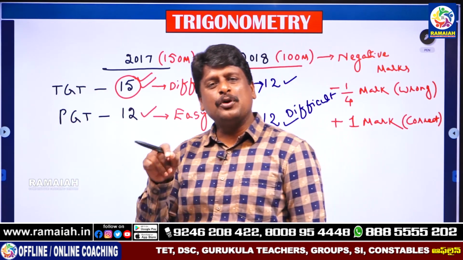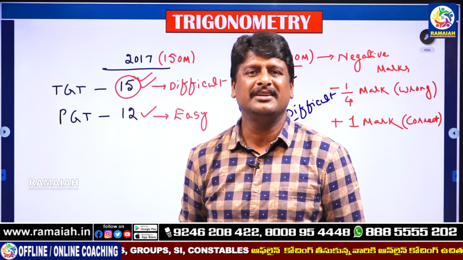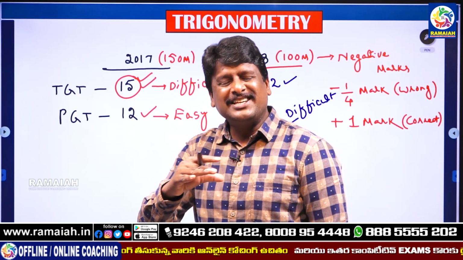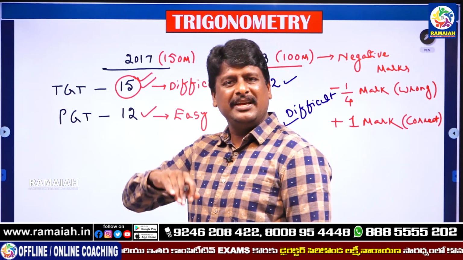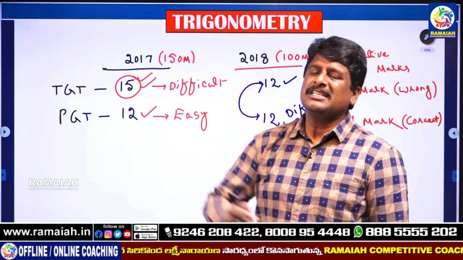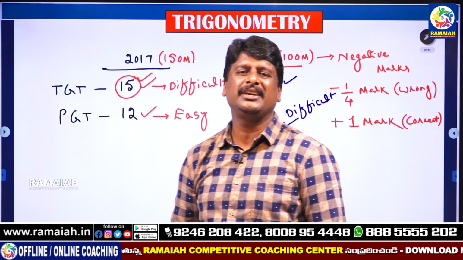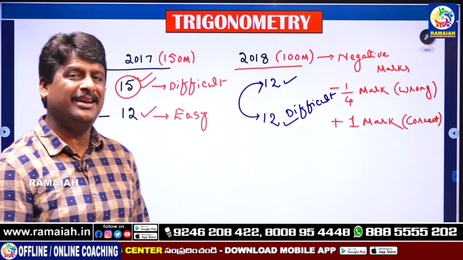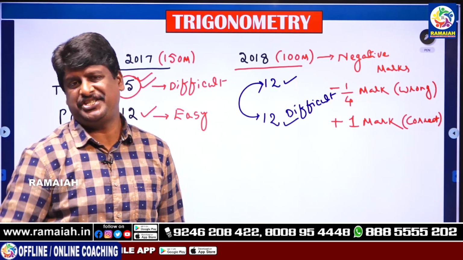If the number of posts is lesser in TGT than PGT, obviously competition is more. To filter the competition through the examination, automatically they will increase the difficulty level in questions. Suppose the PGT posts are lesser than TGT, automatically the difficulty level of the PGT examination will be higher than the TGT examination. So this is the criteria.